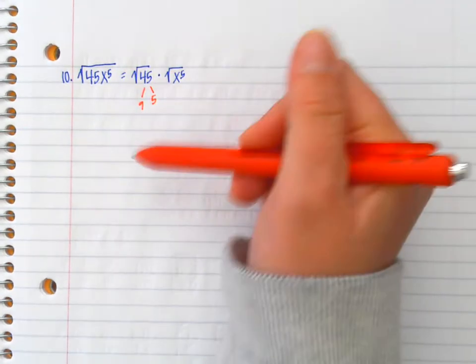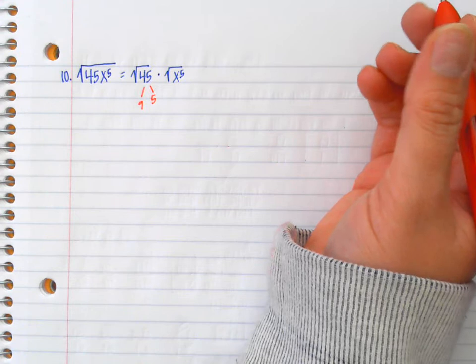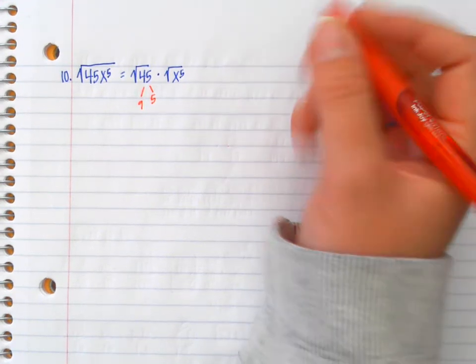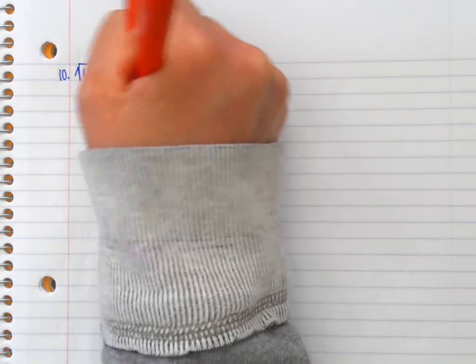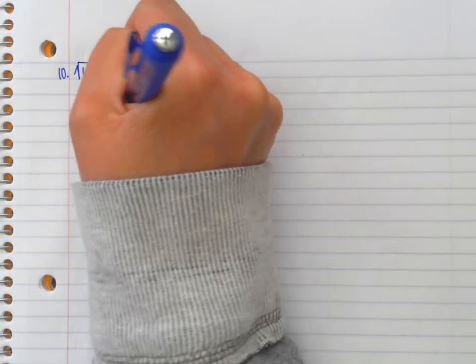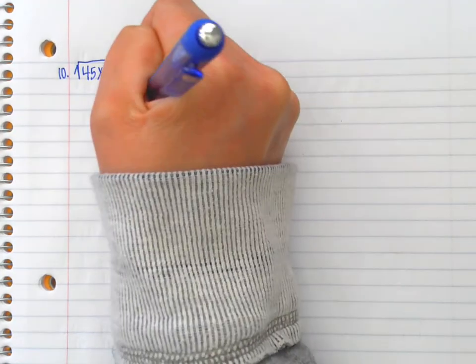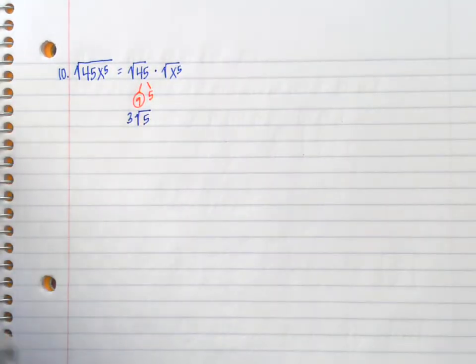Now I'm going to draw it down here in a little bit different way too, so you guys can see it and keep it separate for a minute. We know that the square root of 9 is 3. So the square root of 45 simplifies to be 3 rad 5.